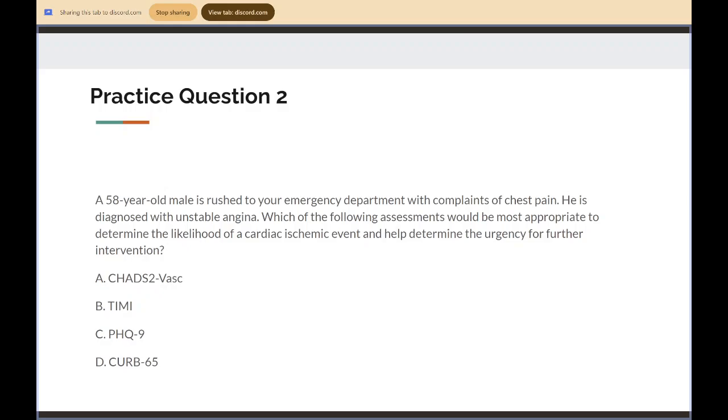There's also a tool called PSI, Pneumonia Severity Index, and depending on who you ask, they may say that one is better than CURB-65. Okay. The CHA2DS2-VASc score is a clinical prediction tool to assess the risk of stroke in patients who have AFib, atrial fibrillation. So the score is used to guide decisions about anticoagulation therapy, with higher scores indicating a greater risk of stroke and thus a greater potential benefit from anticoagulation.